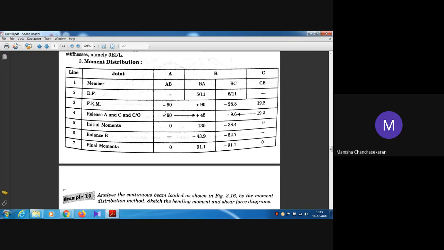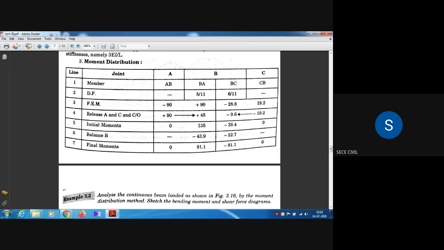Hinged support. So with a hinged support, will a moment be there? No, sir. So the moment should not be at joint A, but we have a moment of minus 90, so we have to remove this moment.